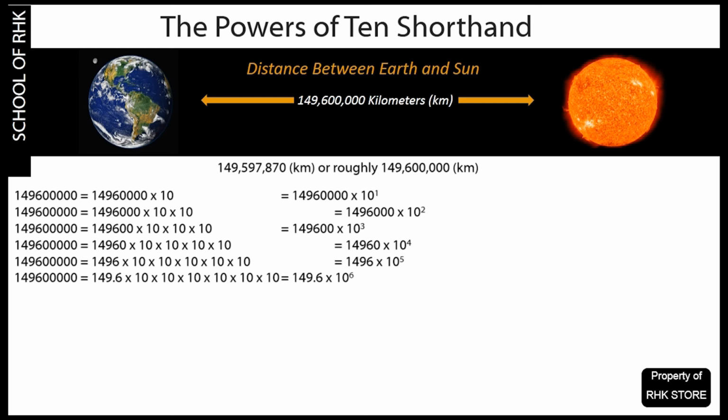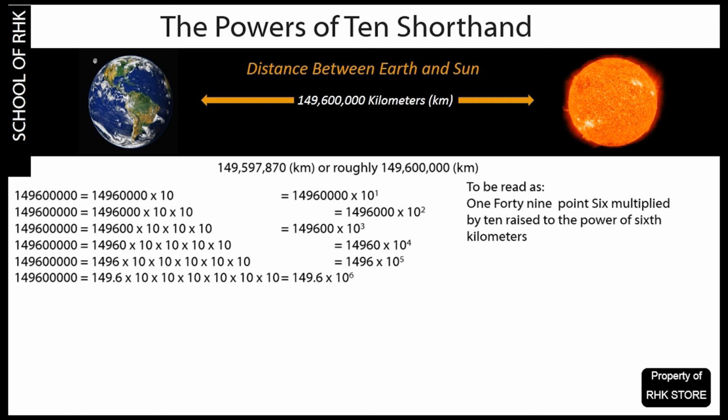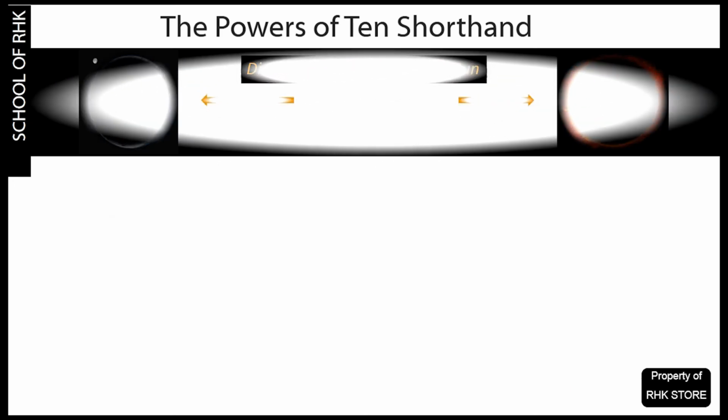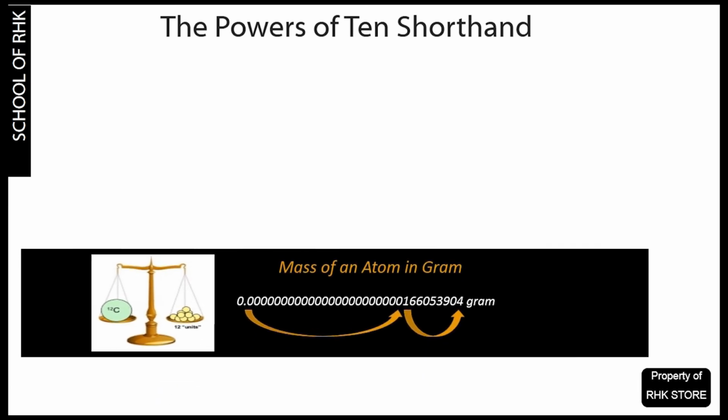So the distance between Earth and Sun in standard notation, or scientific notation, is read as 149.6 multiplied by 10 raised to the power of 6 kilometers. To be read in regular form, 149.6 million kilometers.